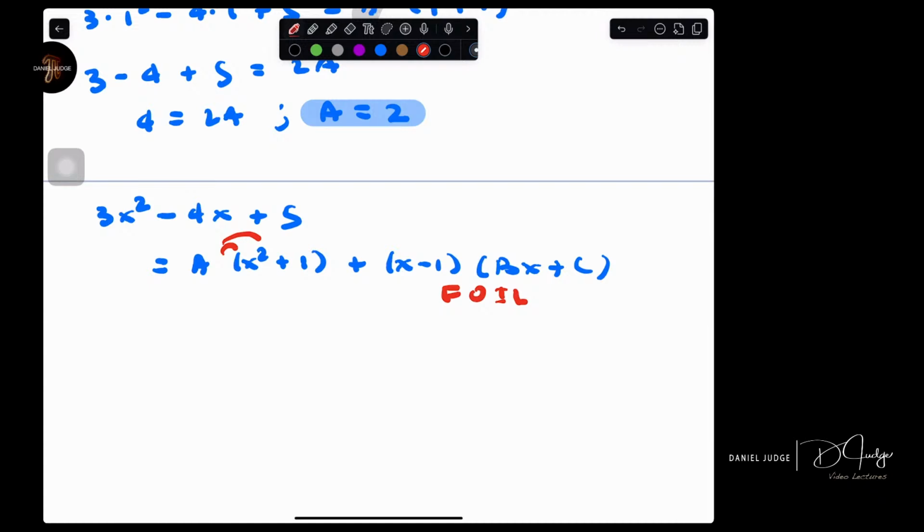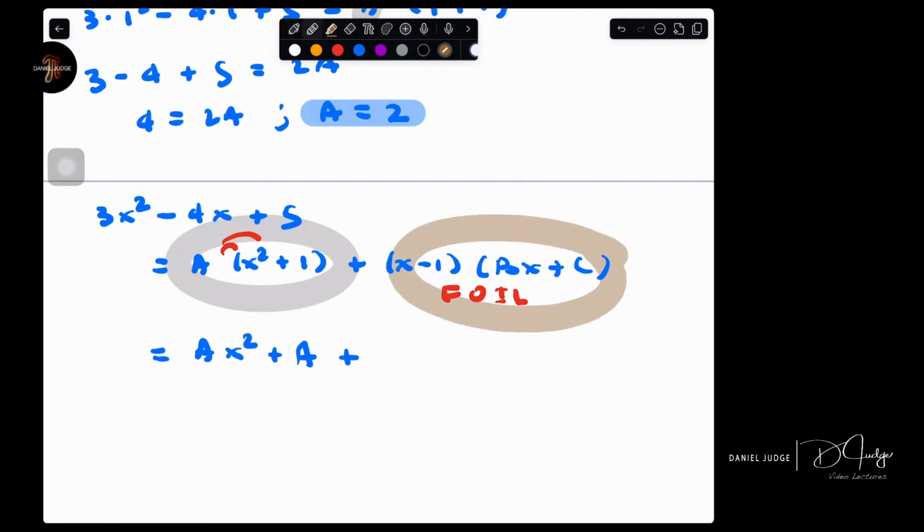So let's do some algebra. Down here, this is going to be equal to ax squared plus a. Now by FOIL, we just distributed for the first one. Distributed here. Going to use FOIL over here. Let's now do our FOIL. First term will be bx squared. Outer term plus cx. Inner term minus bx. Last term minus c.